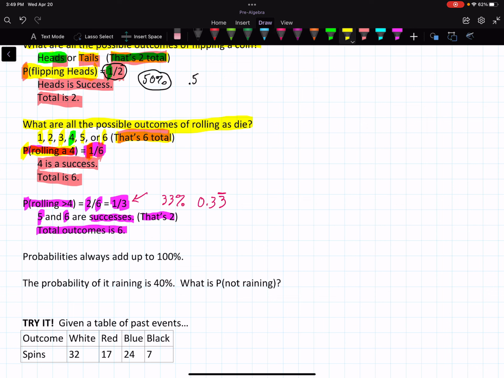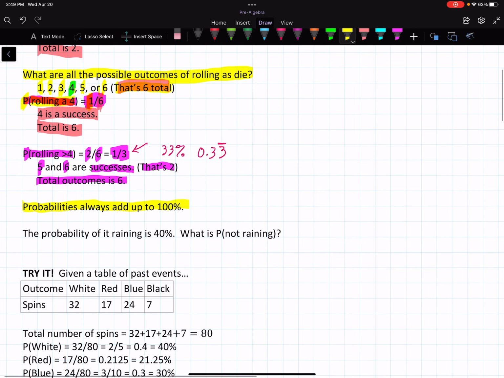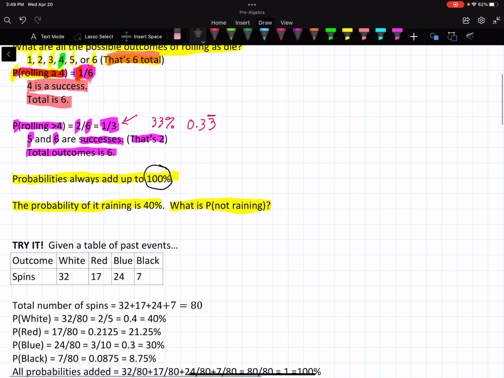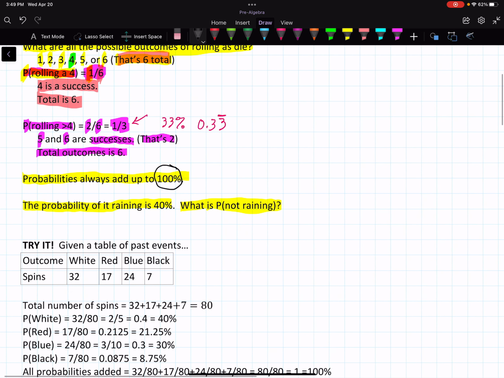One of the rules of probabilities is that they always have to add up to 100%. So if I was to ask you, or declare to you that the probability of it raining is 40%, what is the probability of it not raining? Well, it's very simple. Since I know that probabilities have to add up to 100%, I can say that the probability of it not raining right here is equal to 100% minus the probability of raining, which we already know, that's minus 40%.